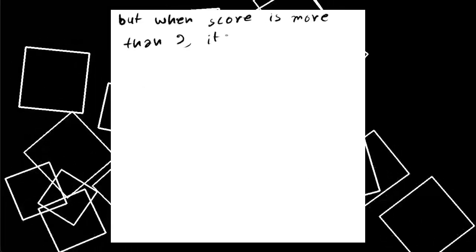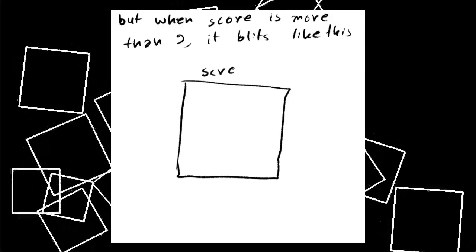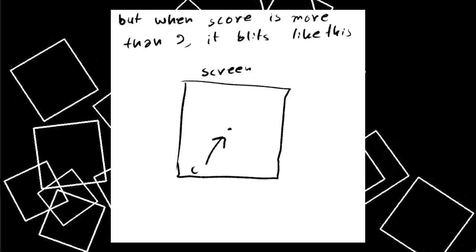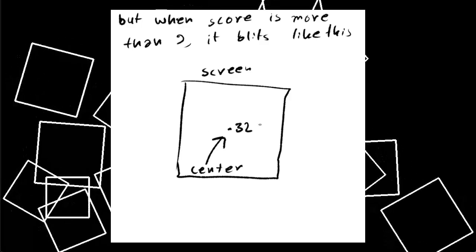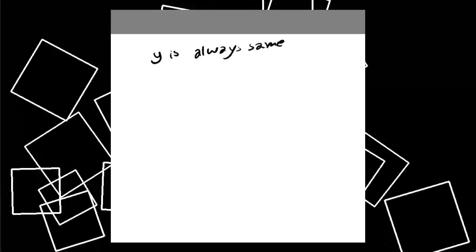But when the score is more than 9, we will see the score image is bleeding like this, because after some time the font width also increases. The font height is always the same, so y always remains 180.